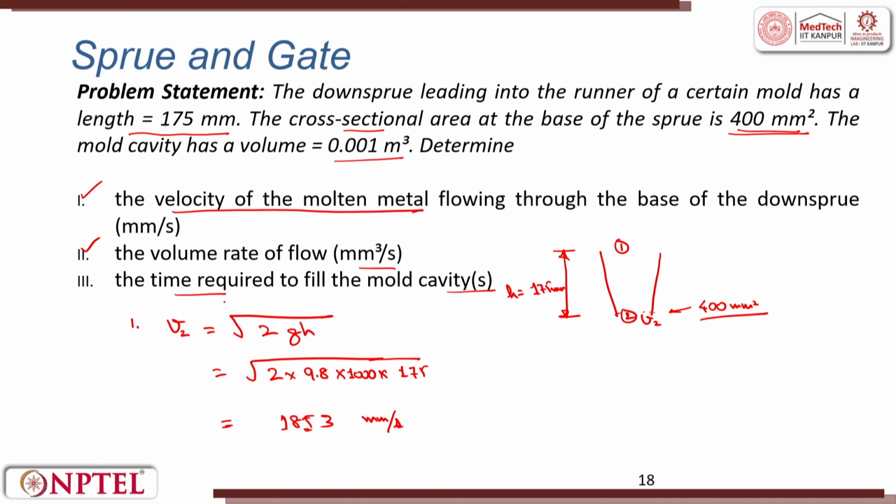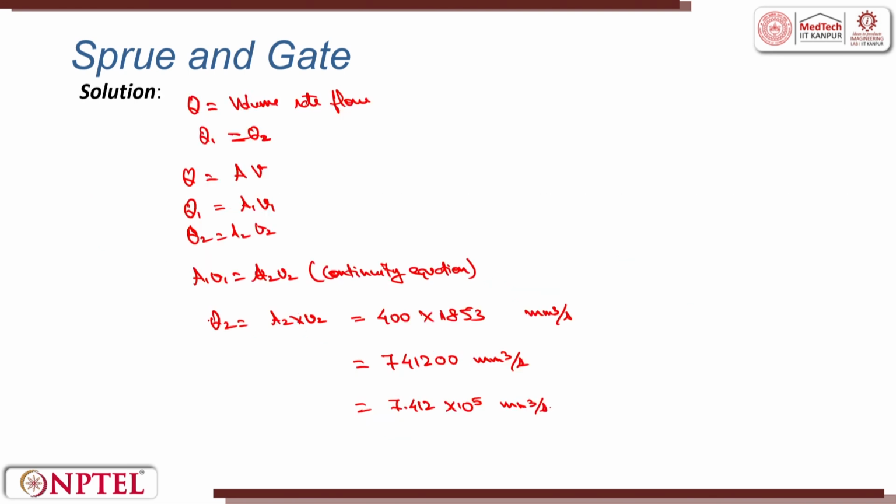Third, the time required to fill the mold cavity. The flow rate is calculated here, Q2 equal to 7.412 into 10 raised to power 5. Let me calculate the third part of the problem.